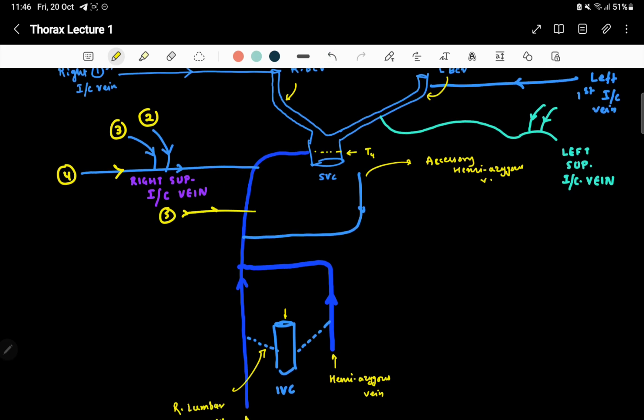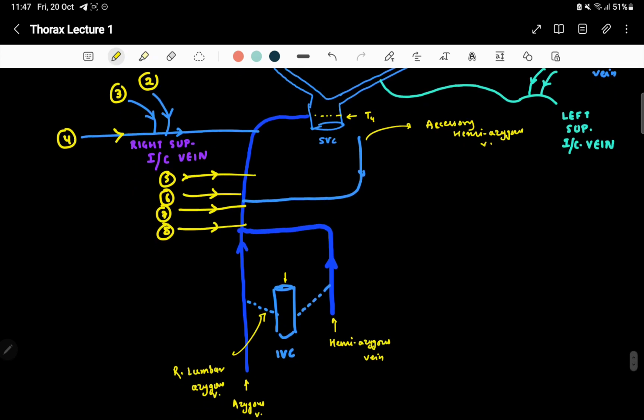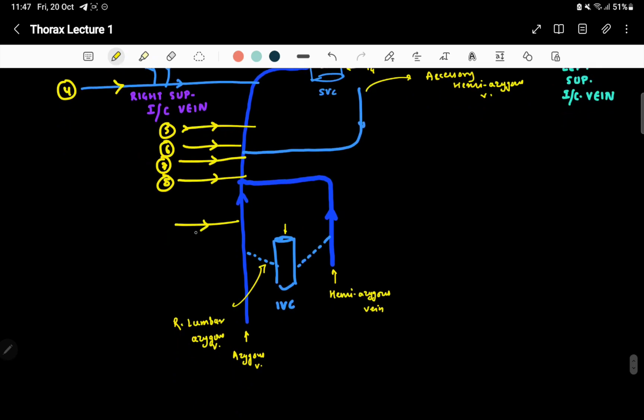The fifth one drains to here, the sixth one drains here, the seventh one drains here, and the eighth one also drains here. And from below, the ninth one, the 10th one, the 11th one, and your right subcostal vein also drain here.